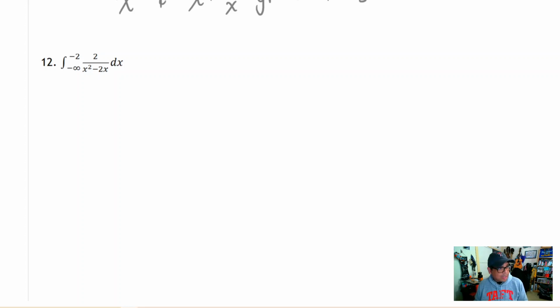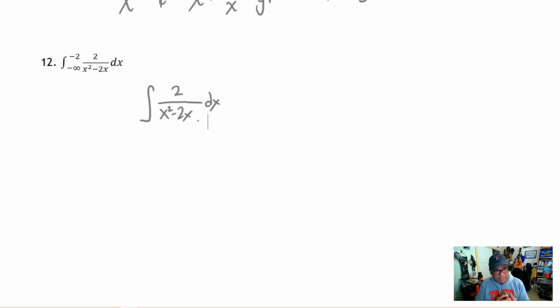Firstly, let's take a look at number 12, and let's find the antiderivative of 2 over x squared minus 2x. Now my first thought for these is never, can I try an advanced technique? I always try to look at these and say, is there a simplification that I can do here to make this easier? And of course, there really isn't.